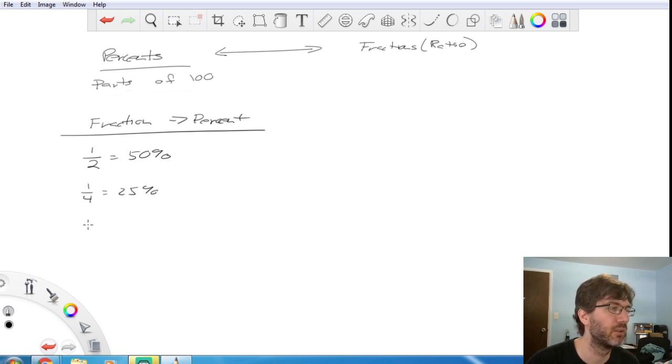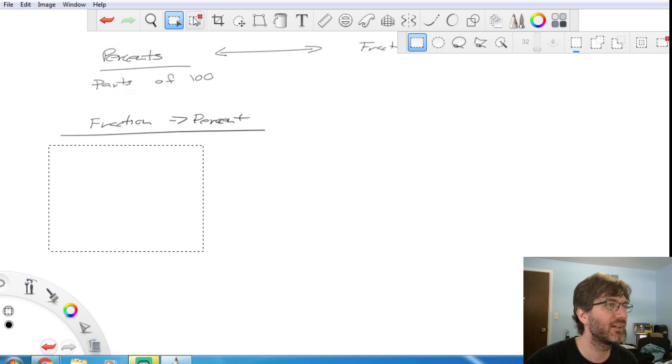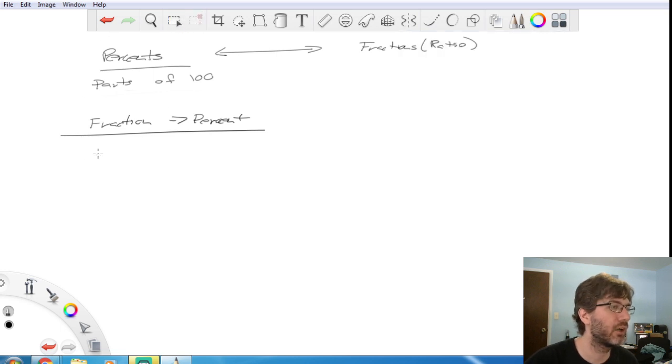You know that 1/1, so to speak, equals 100%, right? That's a whole. You have everything there. But what about ones that you probably don't know off the top of your head? Some pretty common ones that you're going to see are maybe 1/3.